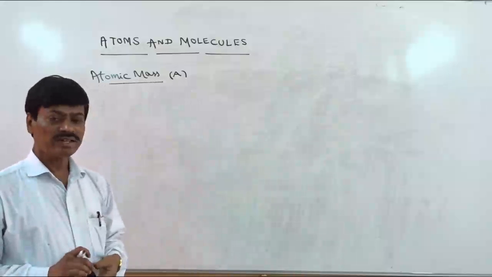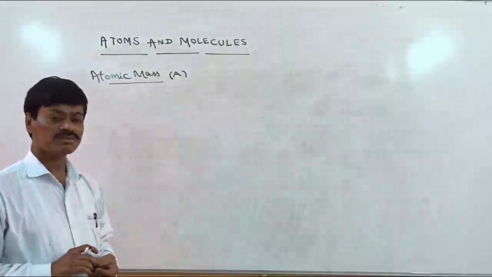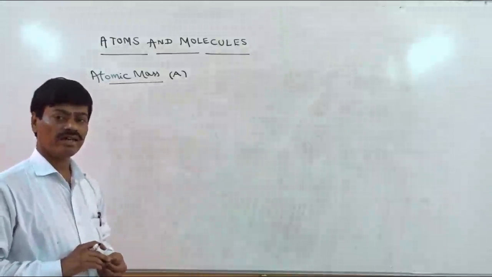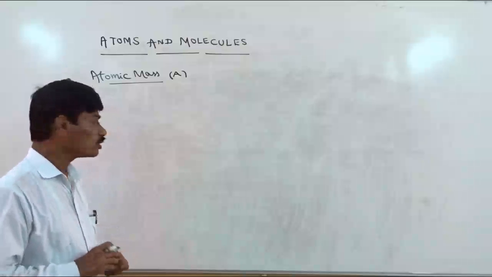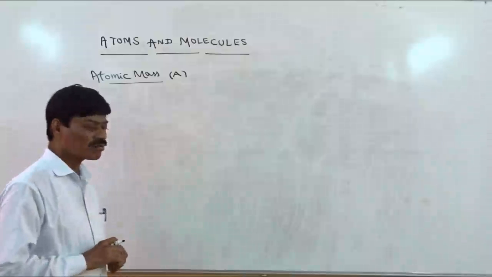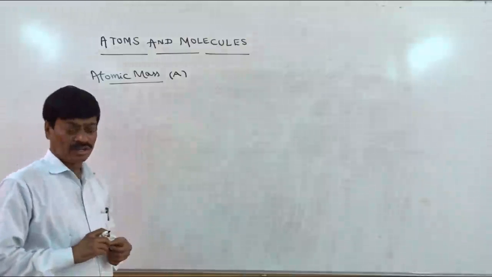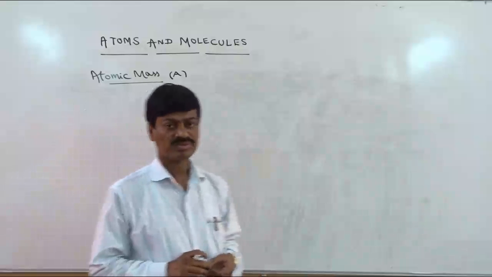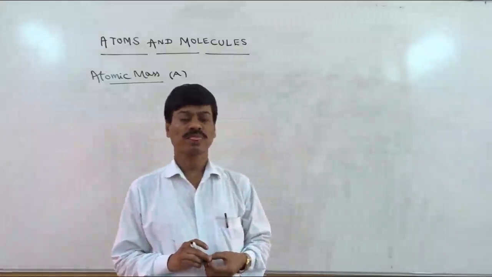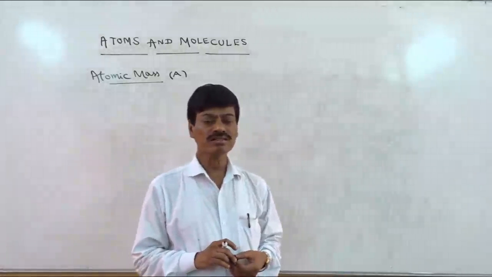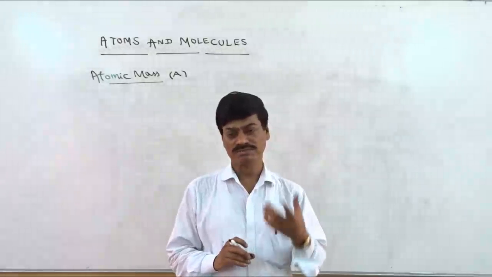Atomic mass of any substance is expressed in terms of AMU, that is atomic mass unit. Next, the oxygen atom has mass 16, and that was taken as the standard to express the mass of a given element.